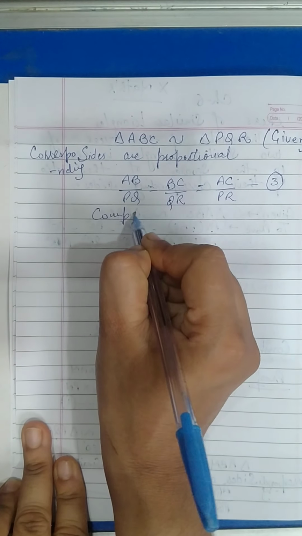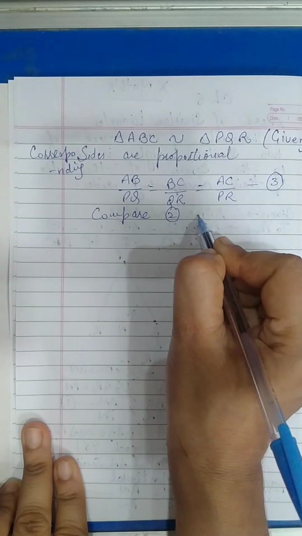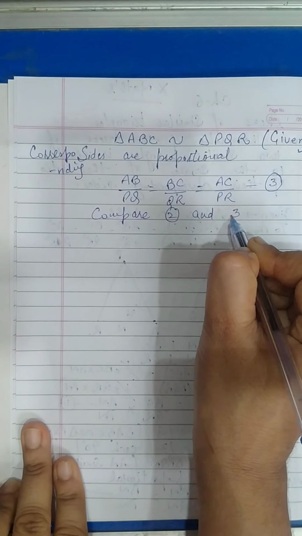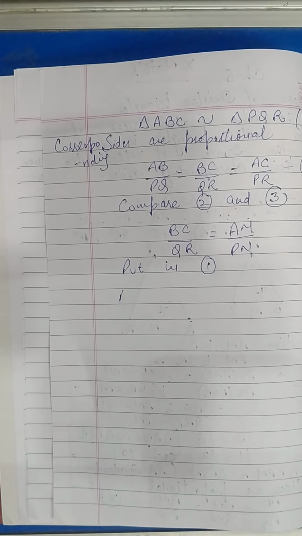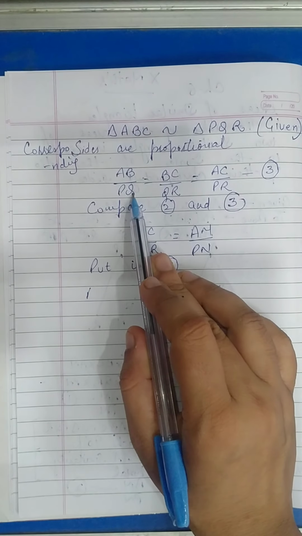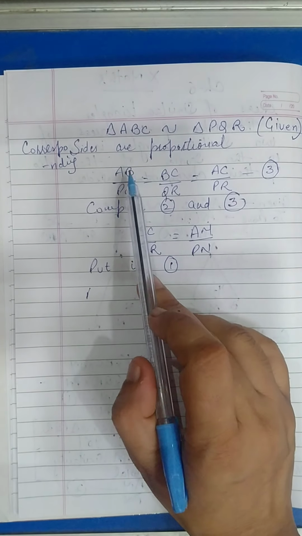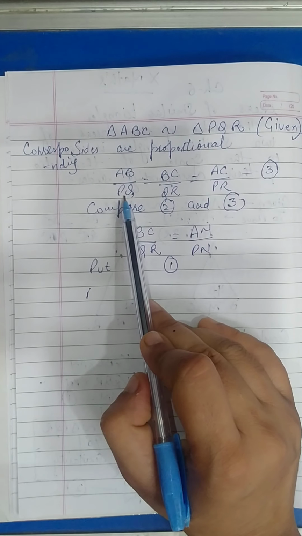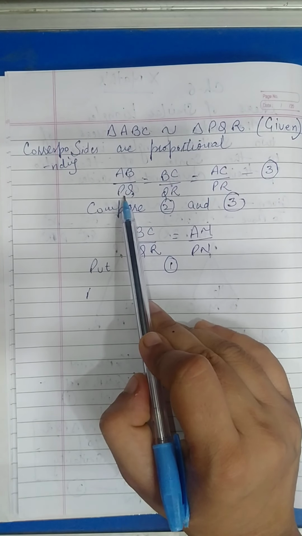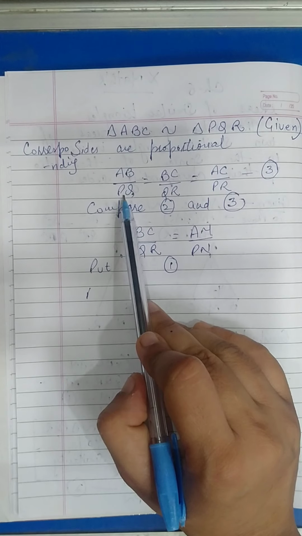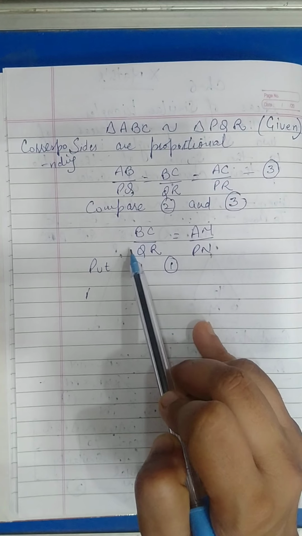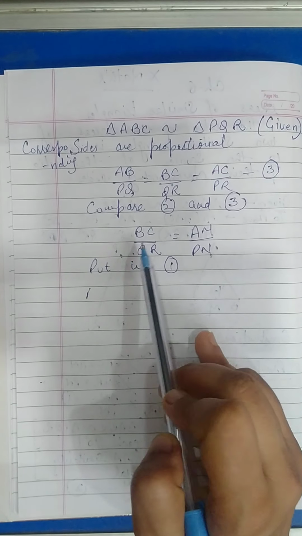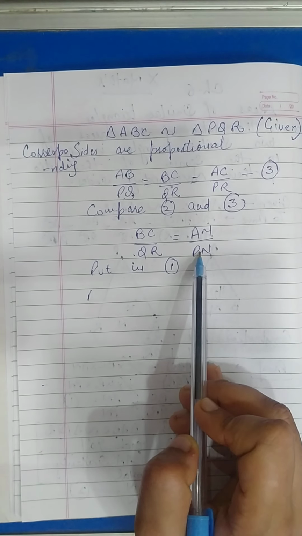Compare the second and third equations. You can see AB upon PQ in the second equation as well as AB upon PQ in the third equation. Both are the same, so all the ratios are the same. So here it's BC upon QR, and from the second equation I have AM upon PN.